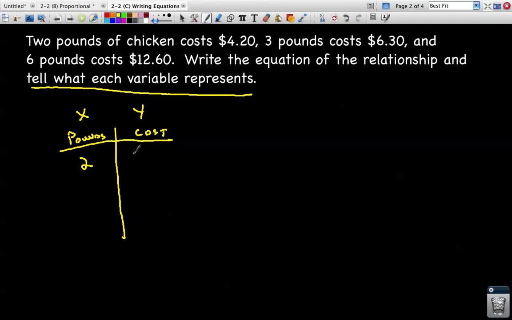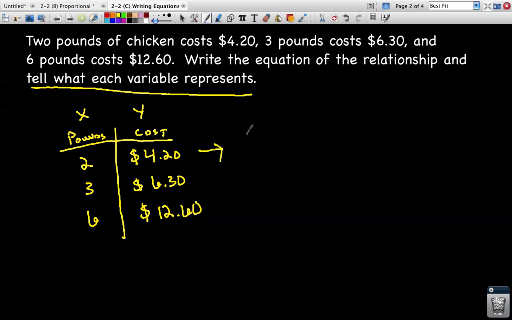I know 2 pounds of chicken cost $4.20, 3 pounds of chicken cost $6.30, and 6 pounds of chicken cost $12.60. The first thing I need to do is figure out my constant of proportionality, and also make sure that this is a proportional relationship.